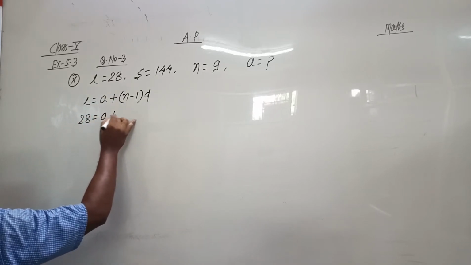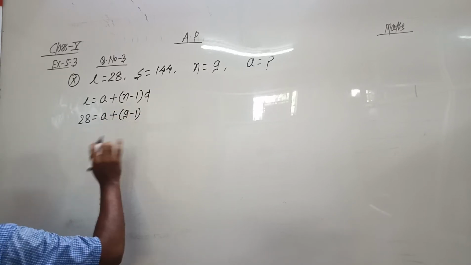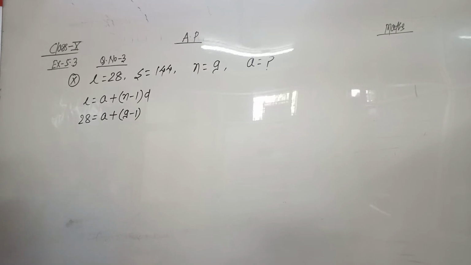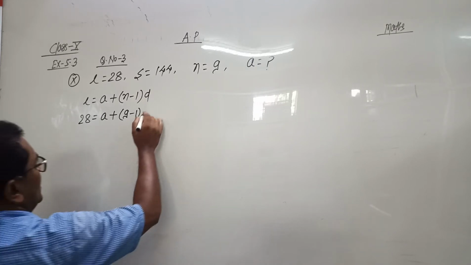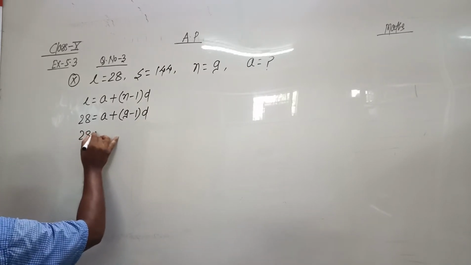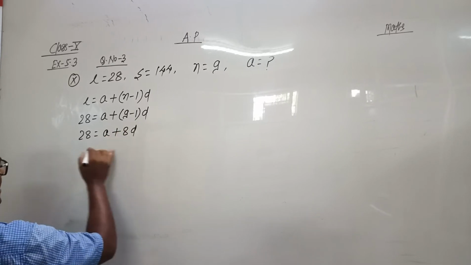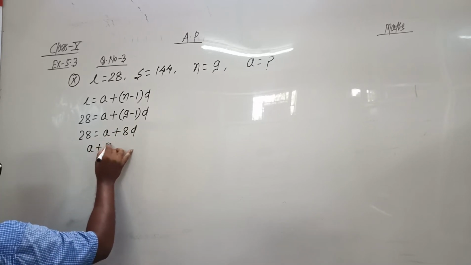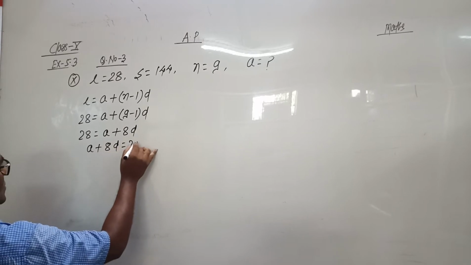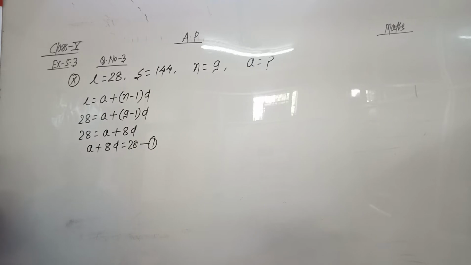A we have to calculate, the number of terms is 9, and d, the common difference, is not given. So we get 28 equals A plus 8d. A plus 8d equals 28 is the first equation.